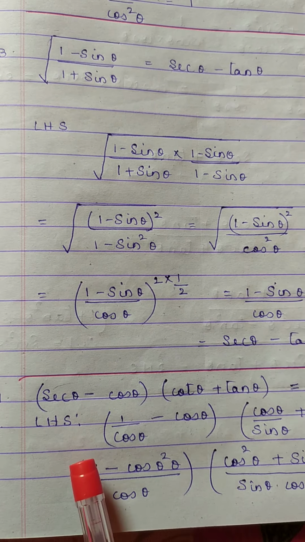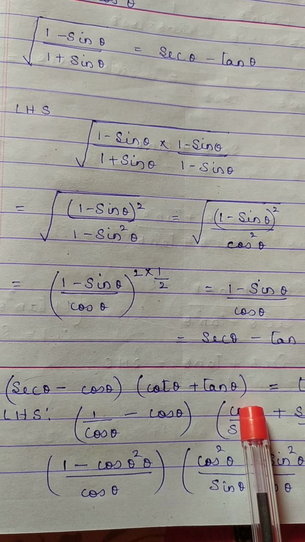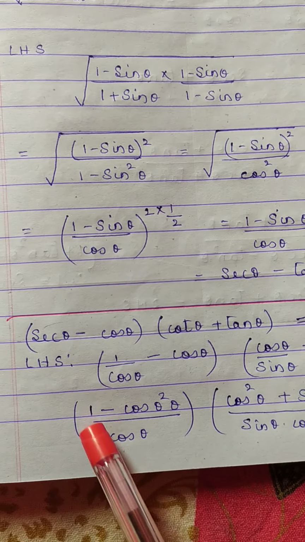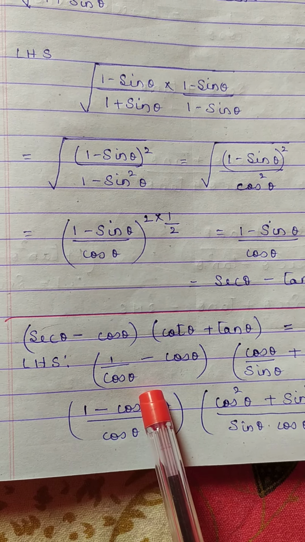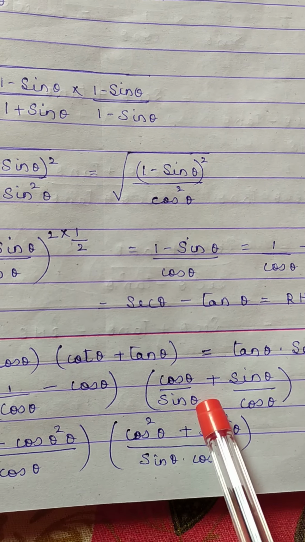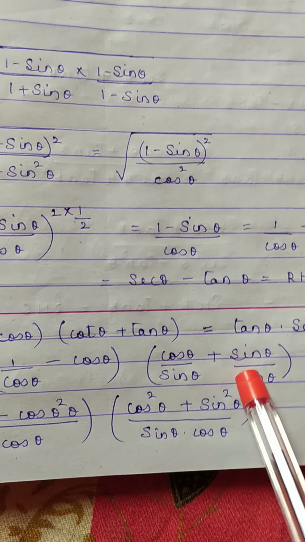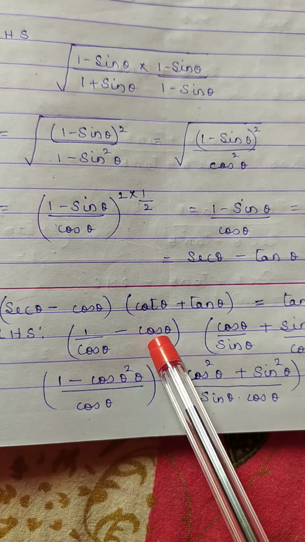Question number 4. Sec theta minus cos theta upon cot theta plus tan theta equal to tan theta into secant theta. So starting from the LHS, sec theta I'll write it as 1 by cos theta minus cos theta into cot theta is written as cos theta by sin theta plus tan is written as sin upon cos. Take the LCM.